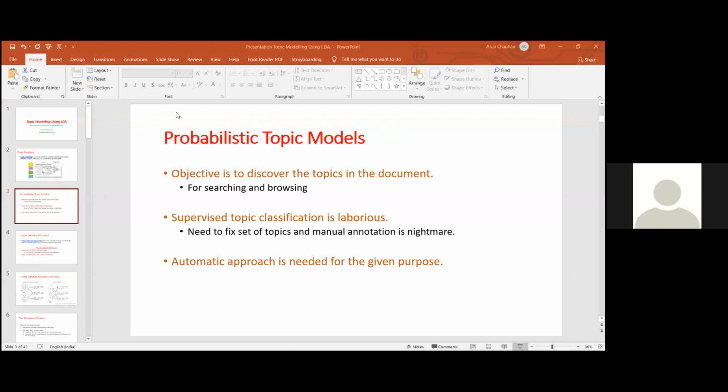So let's say I have one document, and that document can be seen as a distribution over topics. For example, you may take a newspaper, and that newspaper may have different topics in it, like politics.